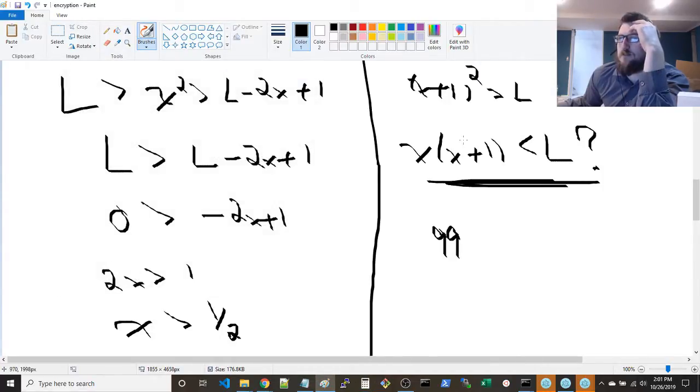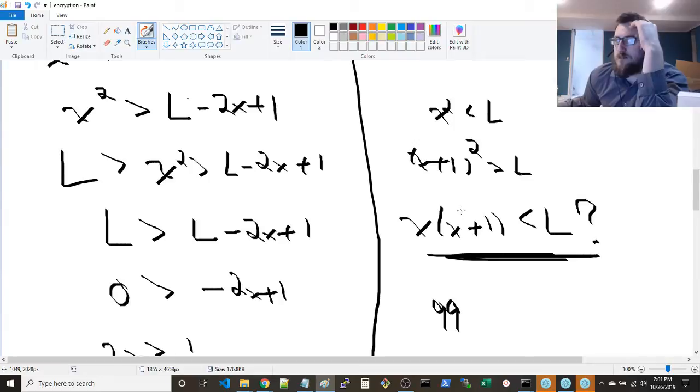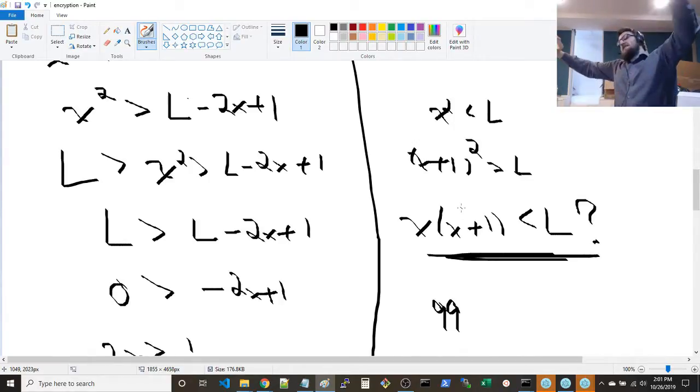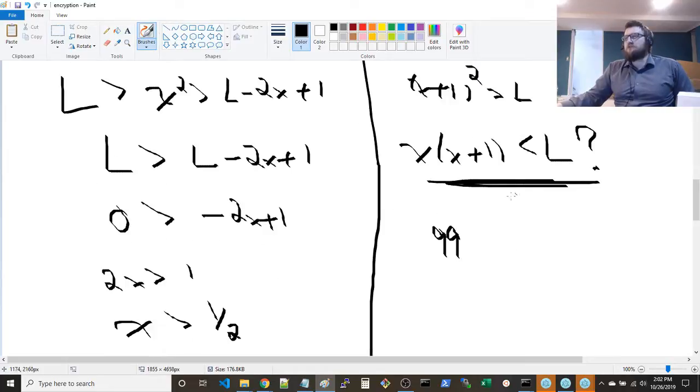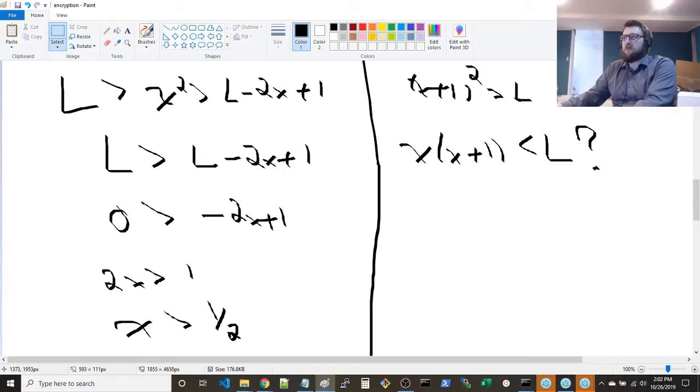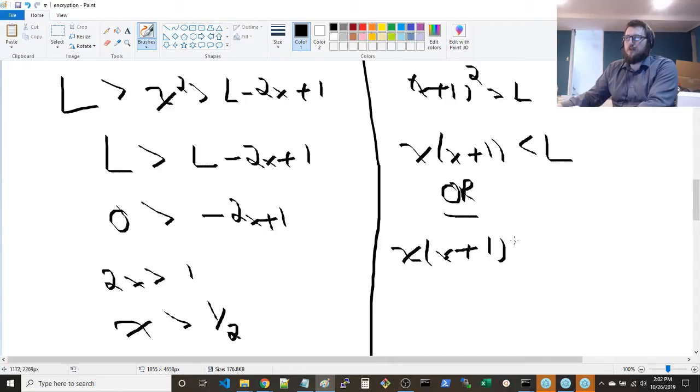Oh. Right. Okay. So I take it back, it's not clear at all what the conditions are, it's more nuanced than that. You're not going to be able to prove this algebraically. Or x times x plus 1 is greater than or equal to L.